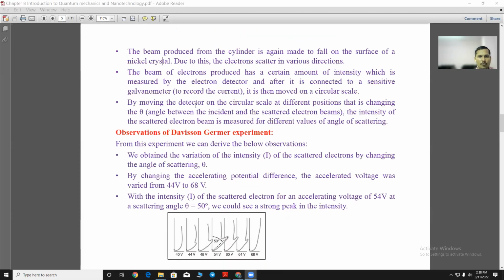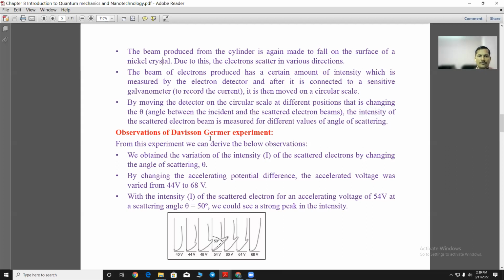Okay, by moving the detector on the circular scale at different positions, that is changing the theta angle between incident and scattered electron beam. तर आपण theta हा मेजर करतोय, जसं आपण थिअरी ऑफ डिफ्रॅक्शन मध्ये बघितलं. The intensity of the scattered electron beam is measured for different values of angle of scattering. वेगवेगळ्या थीटाला आपण वेगवेगळी इंटेन्सिटी मेजर करतो.